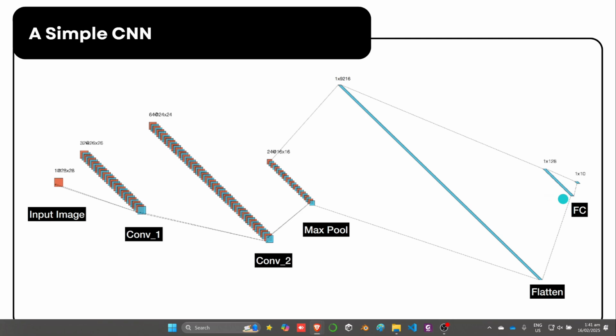And then that connects to the final 10 output nodes, and then the softmax layer here.